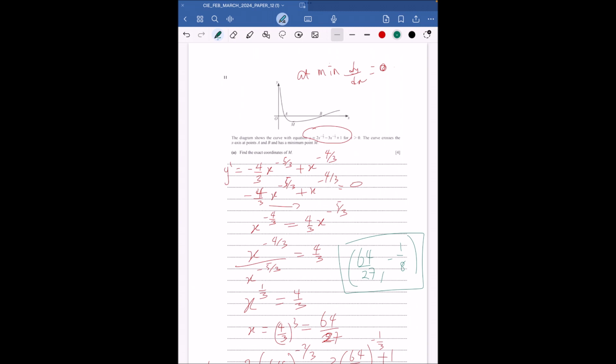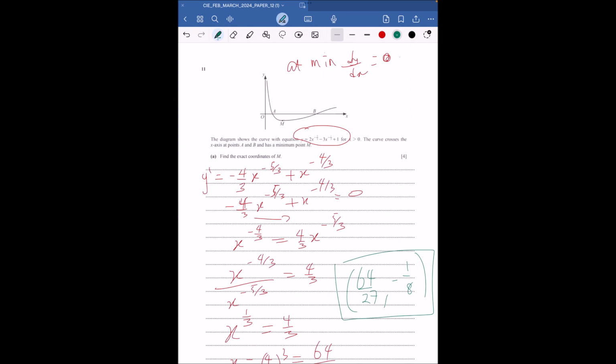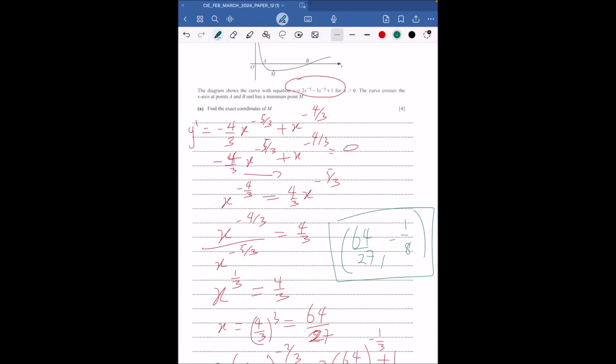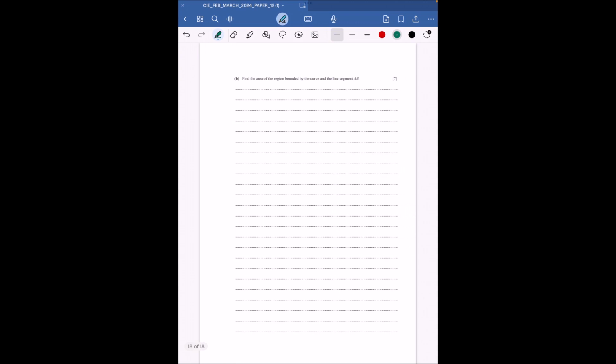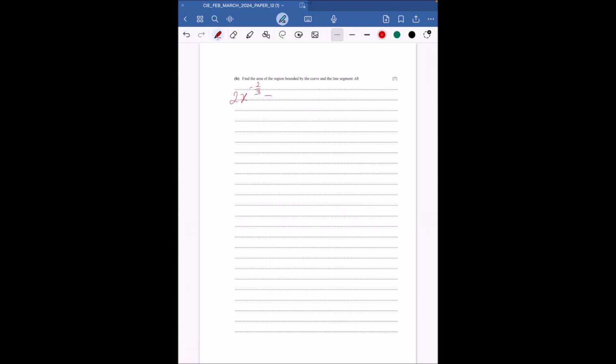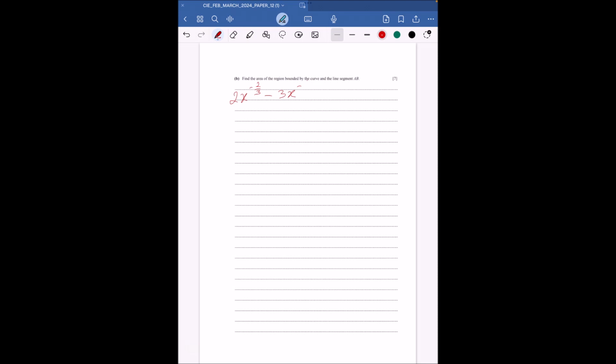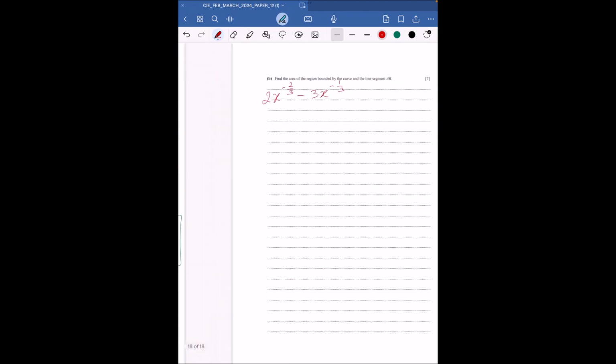Okay, so we integrate. So 2x to the power of minus 2 by 3, minus 3x to the power of minus 1 by 3, plus 1.